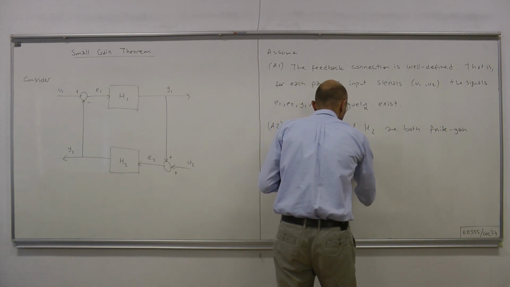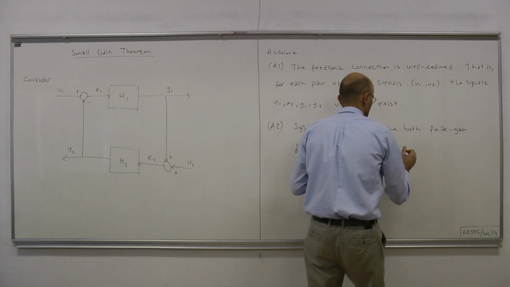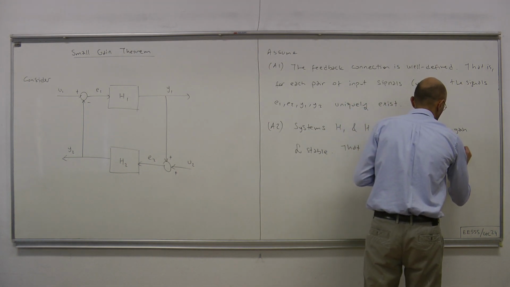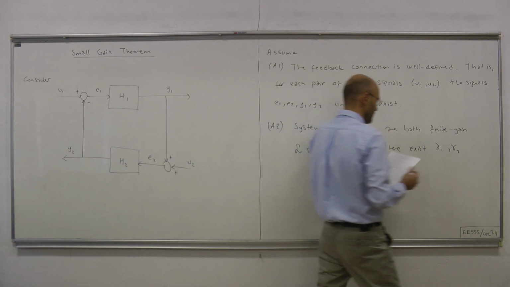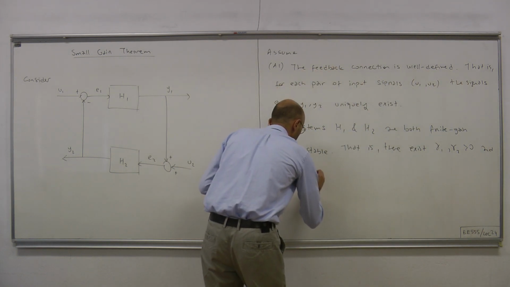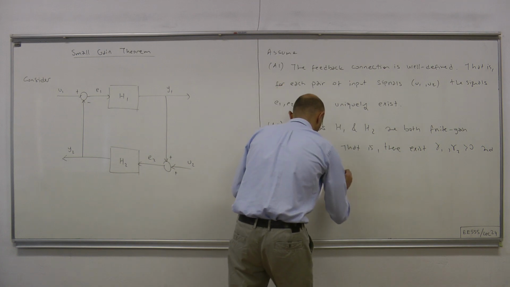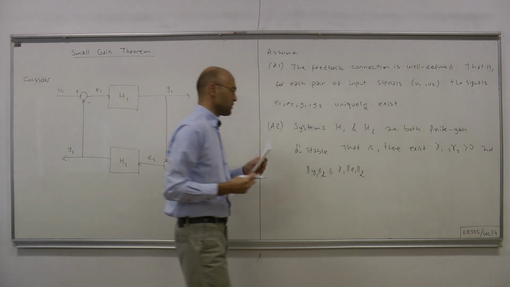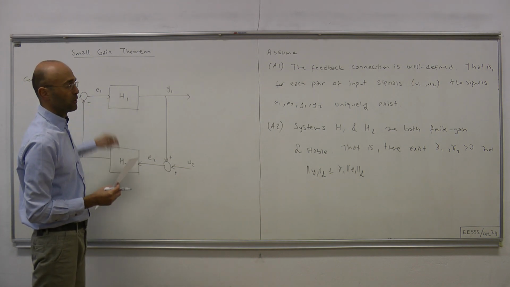That is, there exist finite gains, gamma 1 and gamma 2, and the norm of y1 is less than or equal to gamma 1 times the norm of the input to the first block, which is denoted by E1.